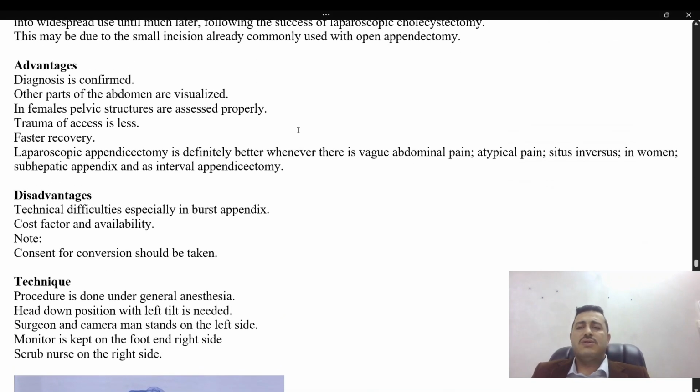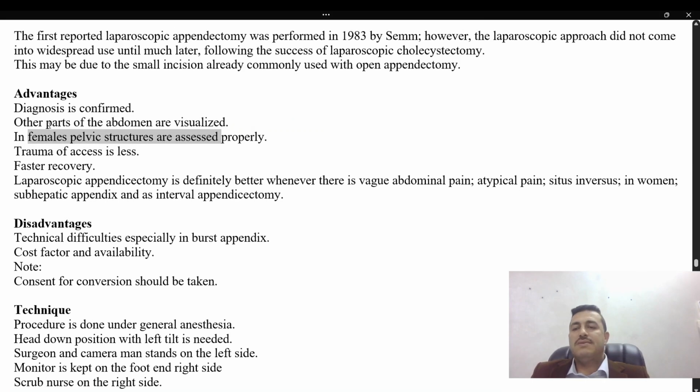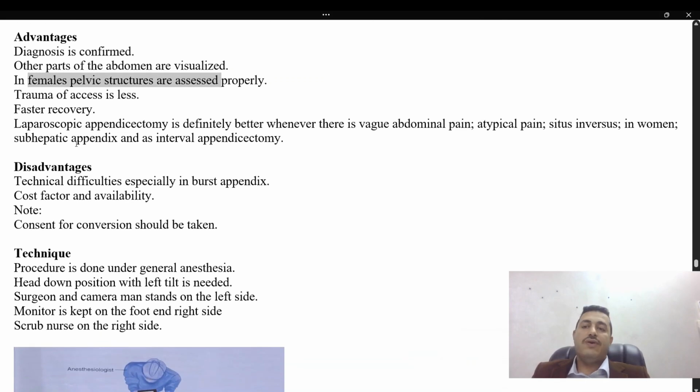The advantages are those associated with laparoscopic surgery. In laparoscopic surgery we can visualize certain parts that are difficult to visualize in open surgery, such as the pelvis in females. Of these advantages, the abdomen entirely is visualized. In females, we can assess the pelvis. The trauma is less, faster recovery.